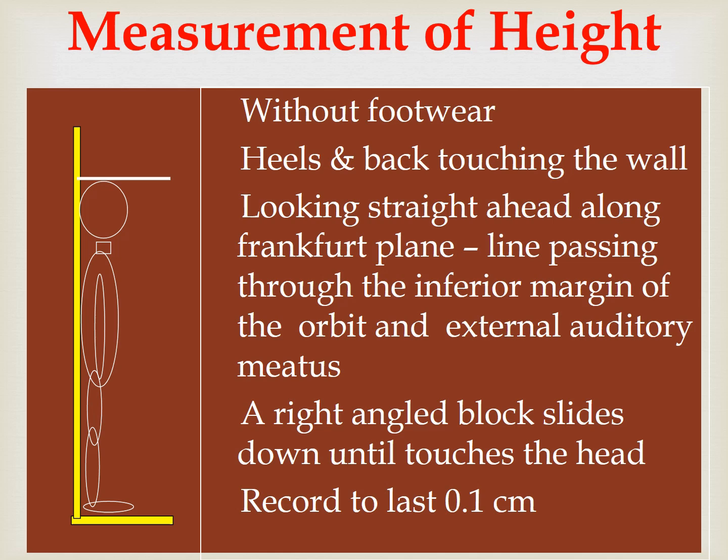Then the right angle block slides down until it touches the head. If it is a stadiometer, you move the head end down until it touches the head. Here also, with the inch tape, the right angle block slides down until it touches the head, and then you record to the last 0.1 centimeter to get an accurate height.